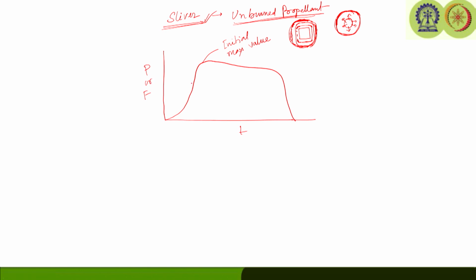As per the literature, let us say this is 10% of the P max, and if you join this, we will get 2 points. This 10% of P max gives us a time duration, which is known as the ascent time, TA.